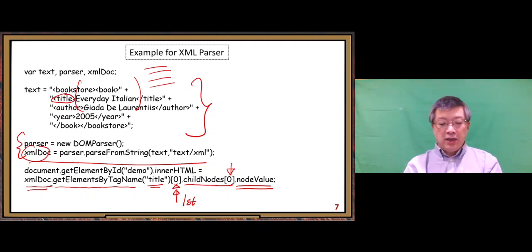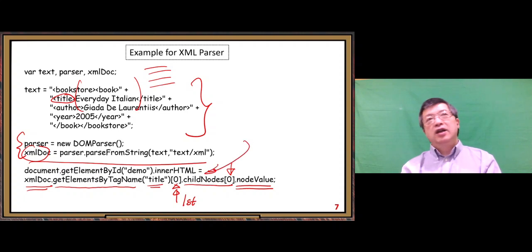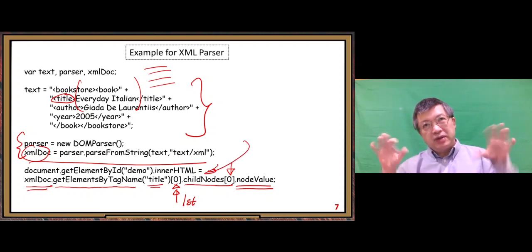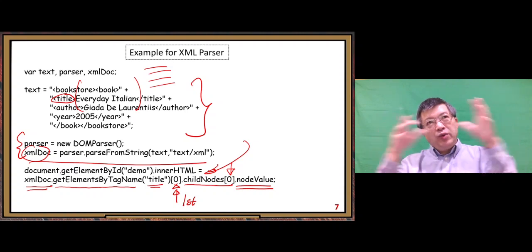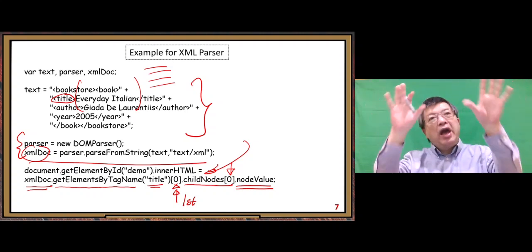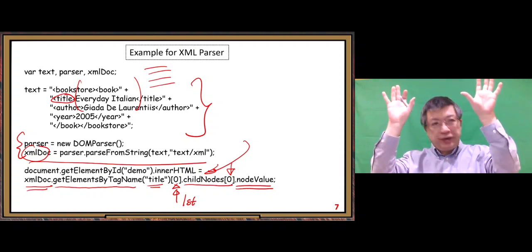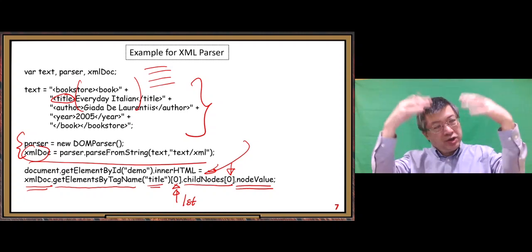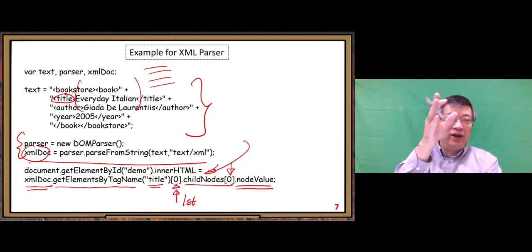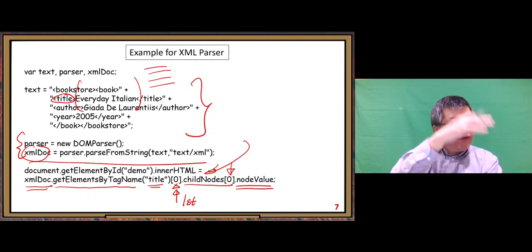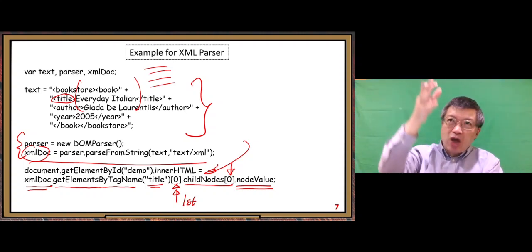Then you display the data. Here I just give you an idea of how we process XML documents. The typical way is traversing the XML DOM tree.